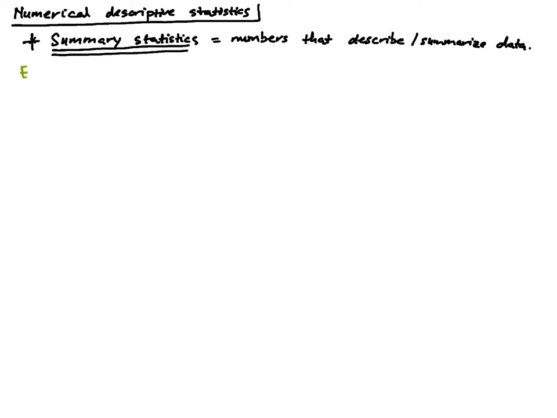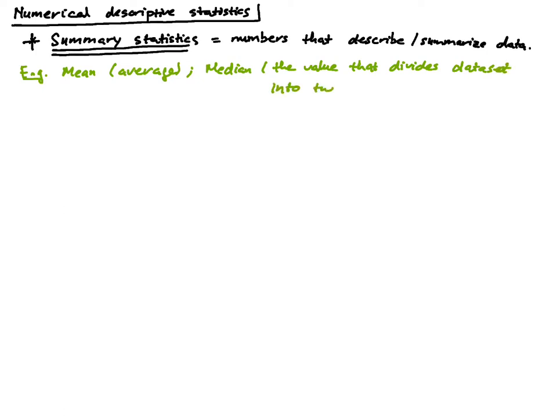For example, we have the mean, which is just a fancy name for the average. We're going to be looking at the median, which is the value that divides the data set into two halves. And so on and so forth.